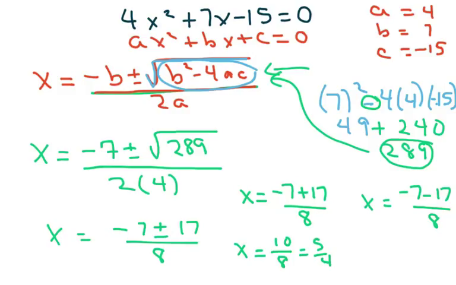And this one is x equals negative 24 over 8, which equals negative 3. So these are my 2 solutions right here. Okay? So, like I said, until you get used to this, I recommend doing the part under the radical first, so you don't get confused with the 2 b's here.